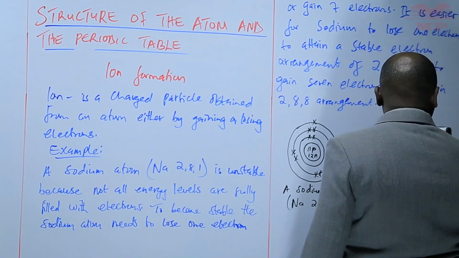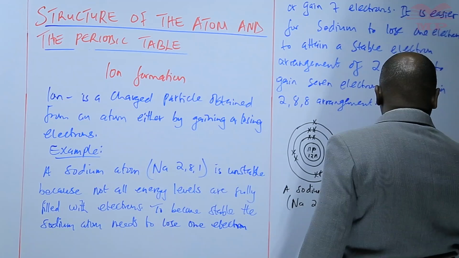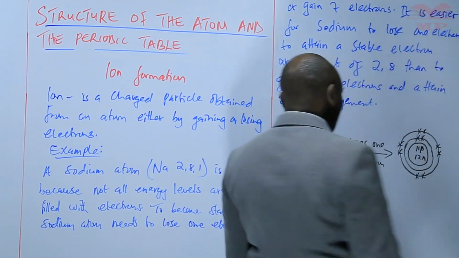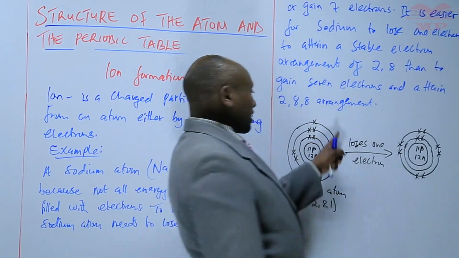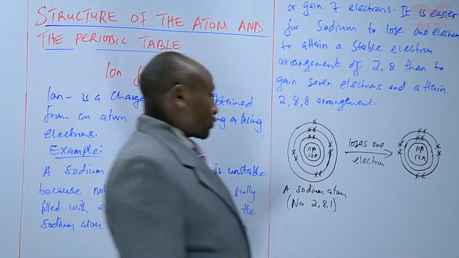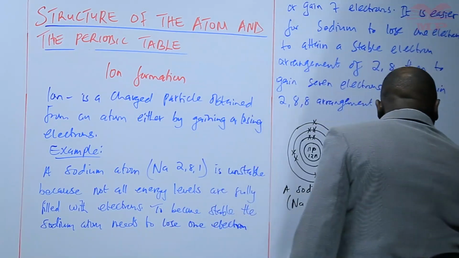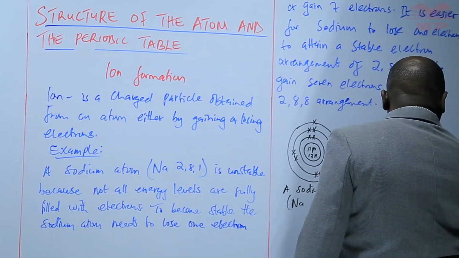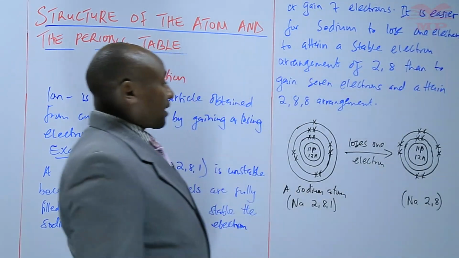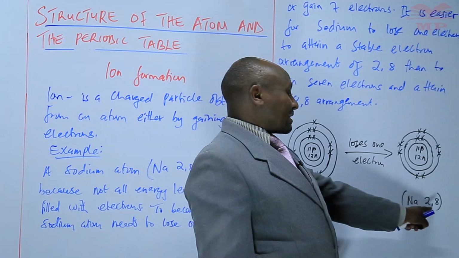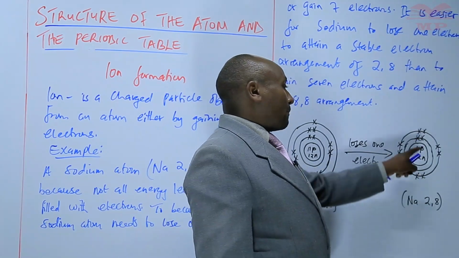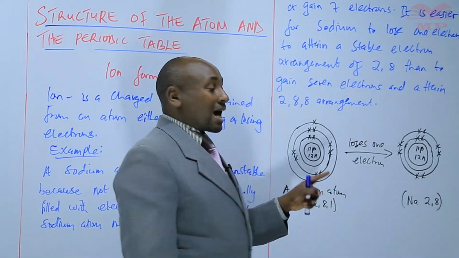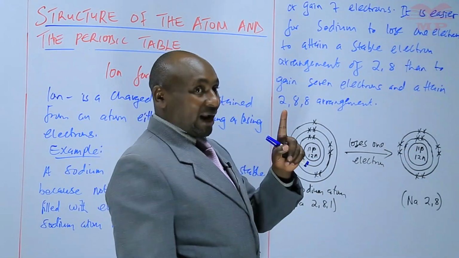It is 8 as before. So that is 2,8. So it has already lost the outermost energy level. So now we have sodium 2,8. Now in this case, the number of electrons is 10 because it's 2 plus 8, but the number of protons is 11. So that means that the protons are more than the electrons by 1.